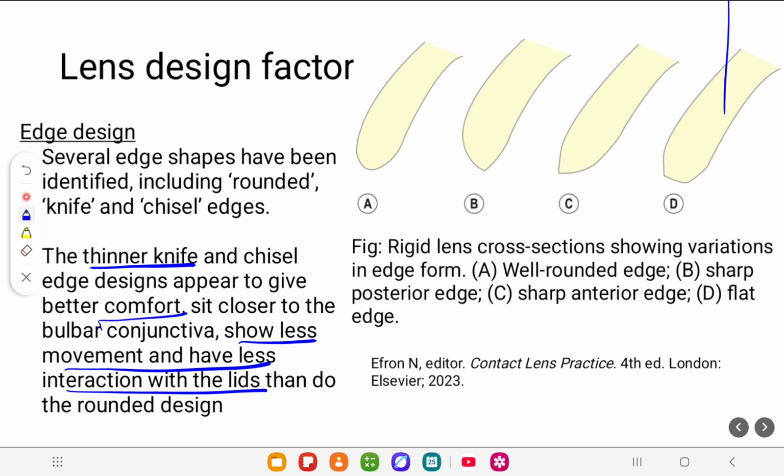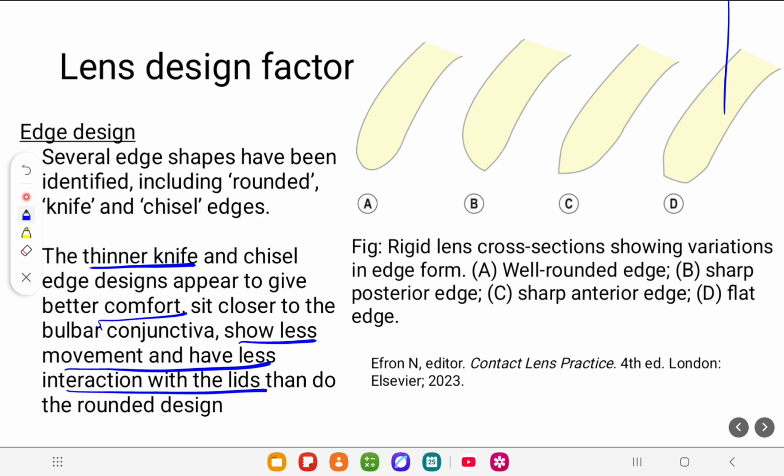One is the bulbar conjunctiva, and another is the palpebral conjunctiva of the lid. Whenever the edge interacts with the lid with a forceful interaction, or plunges into the lid, or the upper lid palpebra constantly interacts with the lens edge, then we have that sensation and discomfort.